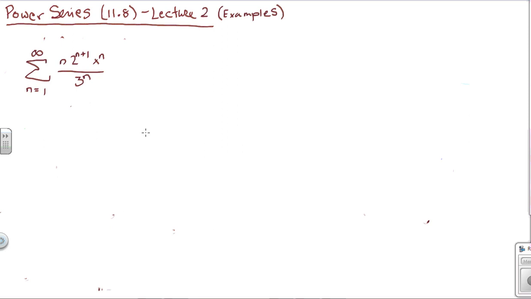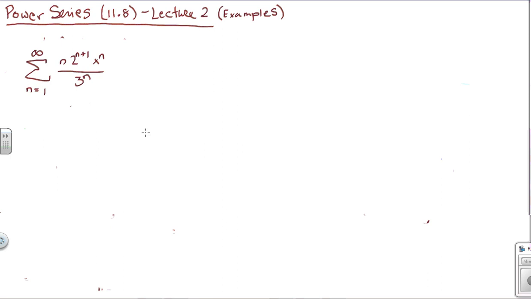Generally speaking, when it's not a geometric series, the ratio test is a pretty good bet, at least to get started and end up finding the bounds on the set on which it converges. Sometimes it's the root test. We'll do at least one example where the root test might be useful too.